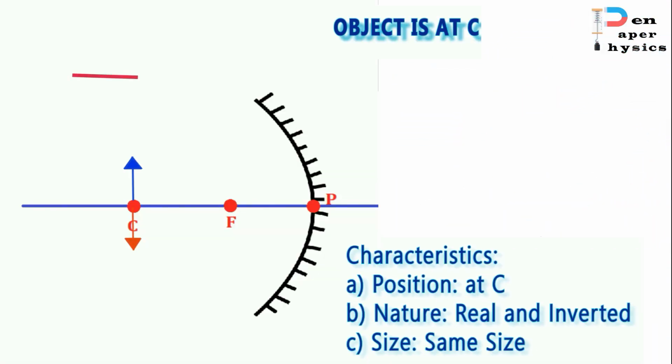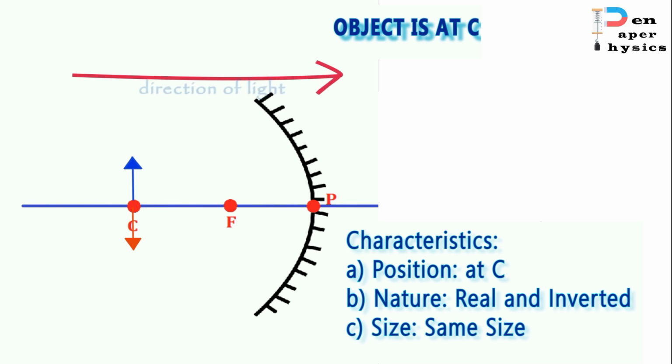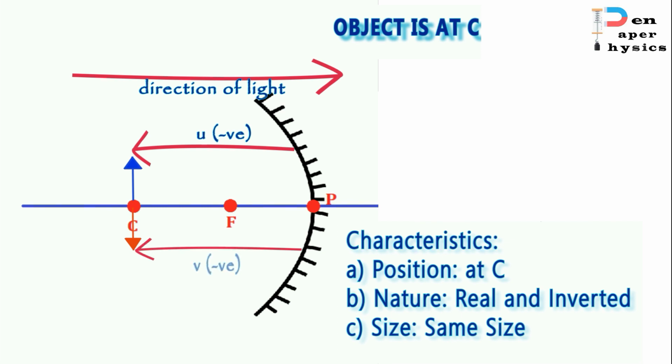Here also, first we will identify the direction of light, which is towards right. To find U, the arrowhead is moving from P towards the object, which is in the opposite direction of light, so definitely U is negative. Similarly, for V, the arrowhead is also moving in the opposite direction, so V is negative. And it's clearly evident that for R and F, the arrowhead is again moving in the opposite direction of light, so R and F are also negative.